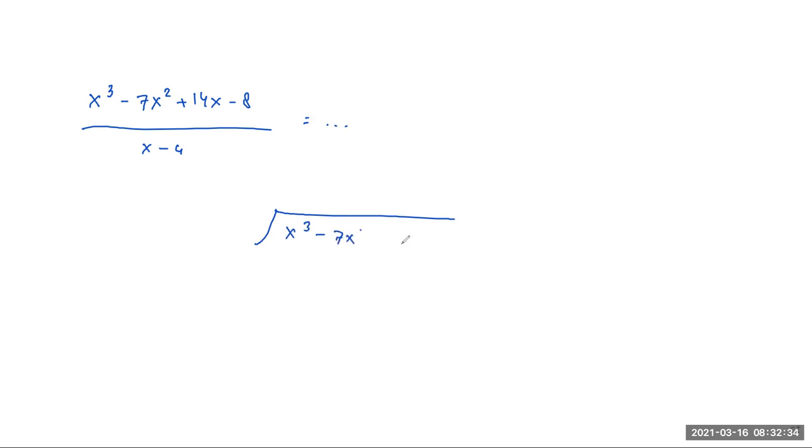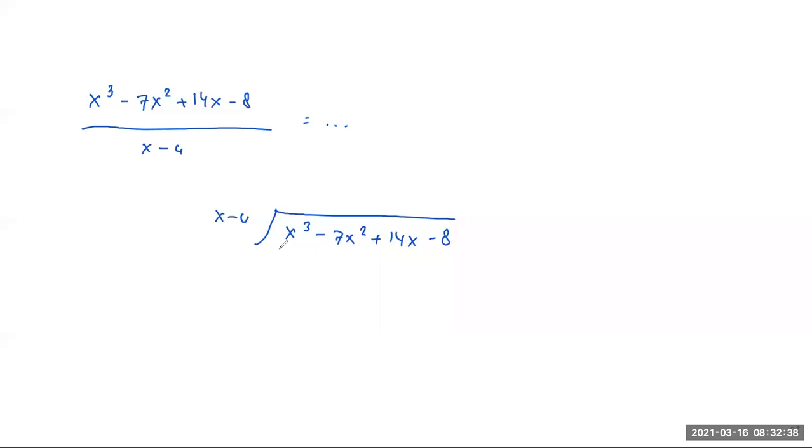Can you divide x cubed minus 7x squared plus 14x minus 8 by x minus 4? So actually we can do it by long division. So I will put x cubed minus 7x squared plus 14x minus 8 divided by x minus 4.